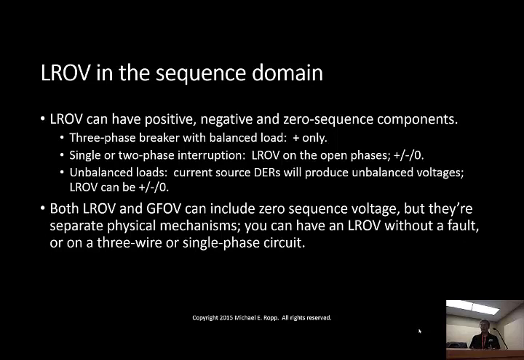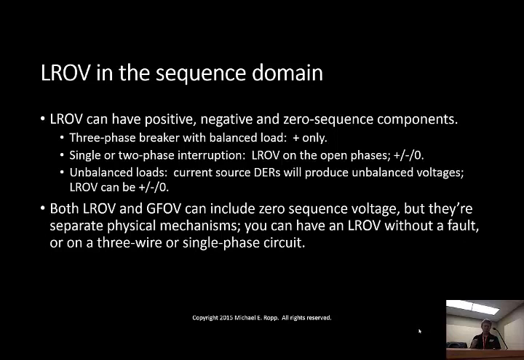For example, what if I have a balanced three-phase source feeding an island with a balanced three-phase load, and it's just that the load per phase happens to be less than the source per phase? I could get a balanced three-phase LROV in that case, all positive sequence. So there's not necessarily anything in any of the other sequence components, depending on how the system is set up.